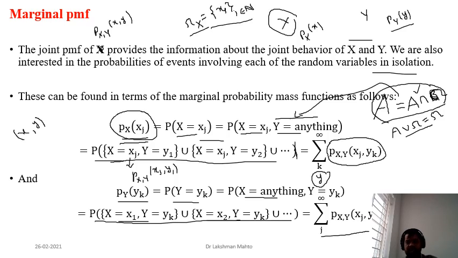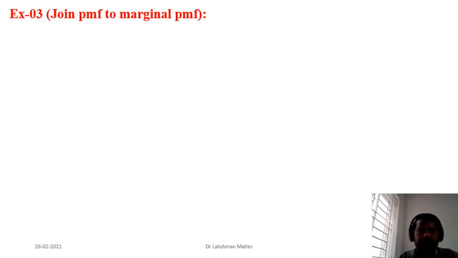Marginalize x in this joint probability mass function, then what remains? You will get the marginal probability mass function of y. So this is the scenario to get the marginal probability mass function of the respective random variable from the given joint probability mass function. So I will take a few examples.